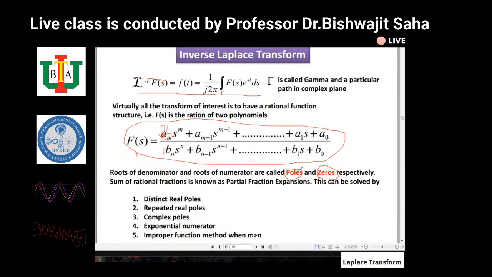These are very important, not only for this course, but also for the control engineering course. You must know the poles and zeros to make the system stable, because poles and zeros can make the system stable or faster or dynamic. So you must know what poles and zeros are.